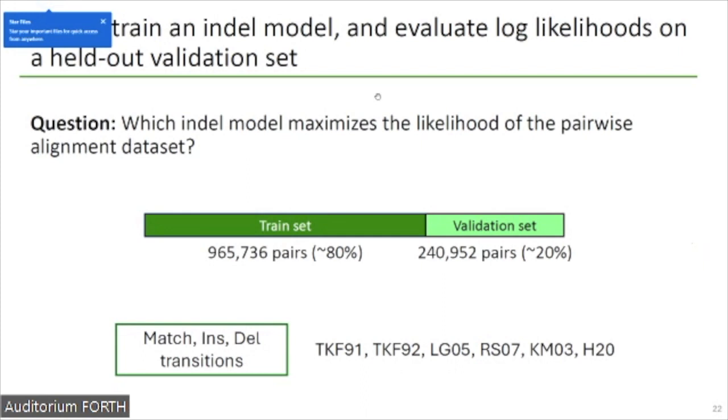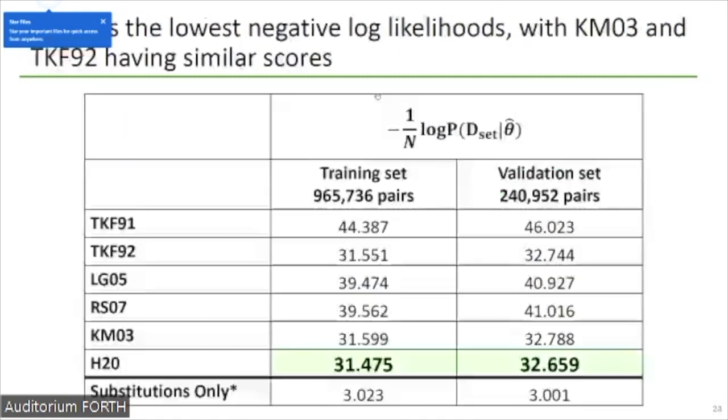My first task is a standard machine learning task: which Indel model maximizes the likelihood of this pairwise alignment data set. We're going to divide our training set into a train test split, and see what happens whenever we train these Indel models on the training set and how it affects the likelihood of the validation set.